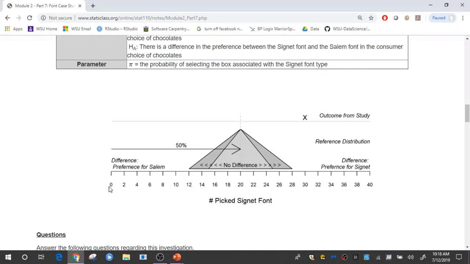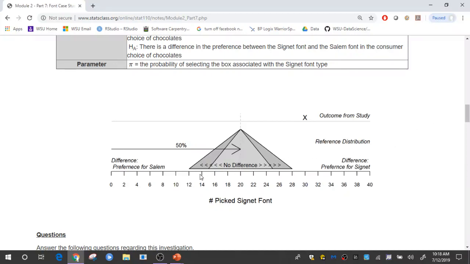The number line is going to go from 0 up to 40. This is going to be set up under a parameter value of 50%. So the expected count is going to be 20 under a situation of no difference.